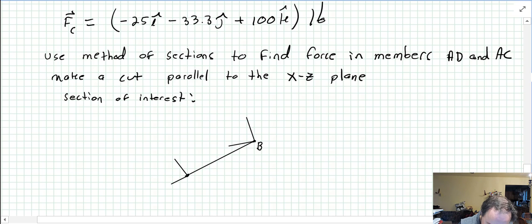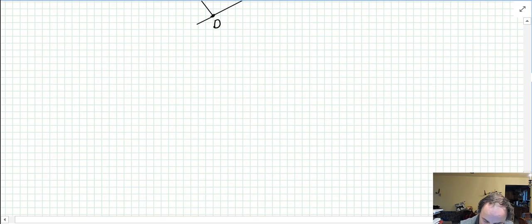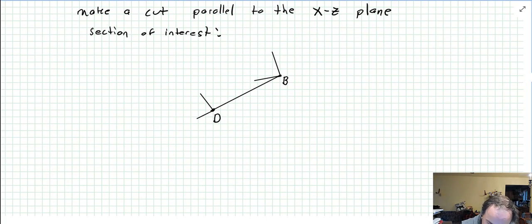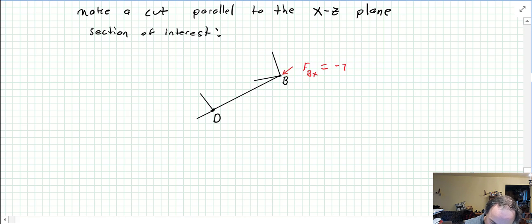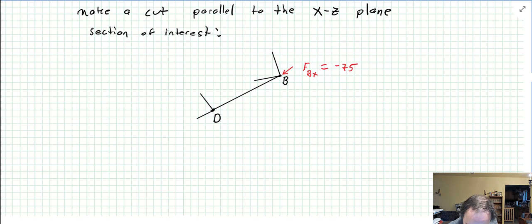This is D. All right, so let's orient ourselves. Right there, this guy right here is FBX. And we know that to be equal to minus 75. And these are all in pounds. Okay, I'm not writing the units, just to avoid more clutter.